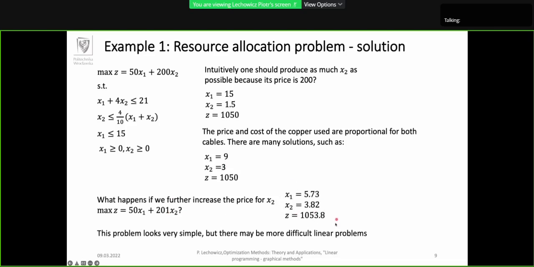This is the solution to this problem. So we should produce 5.73 thousand meters of smaller cable and 3.82 thousand of the larger cable. So this problem may look simple, and actually it is simple. It's very easy to solve. However, linear problems actually can be much more difficult.